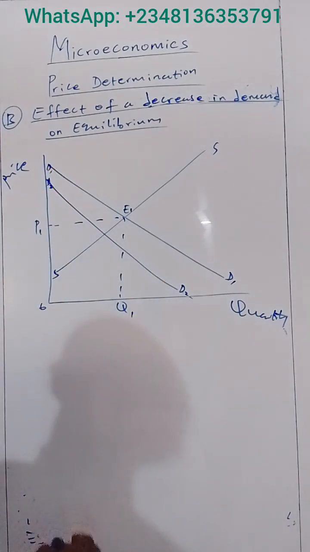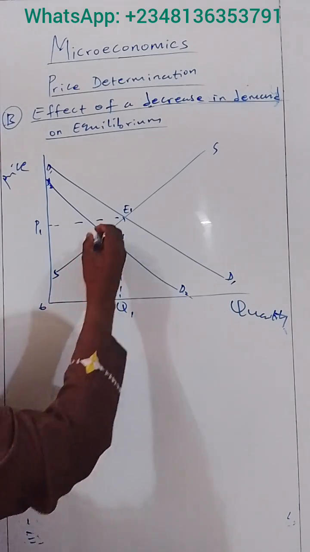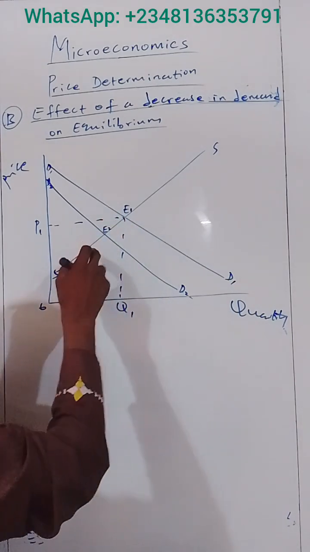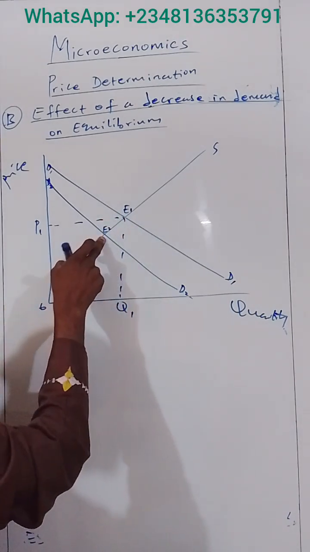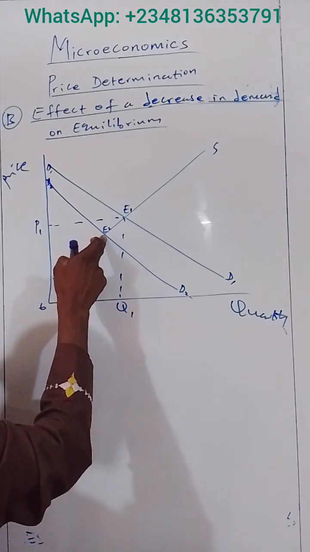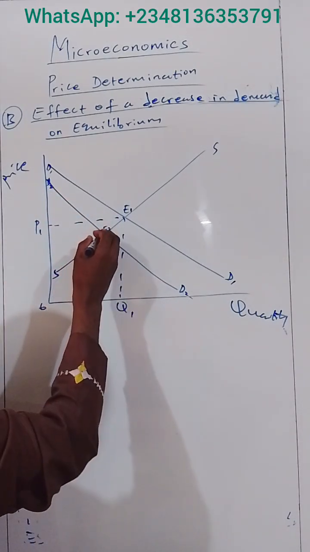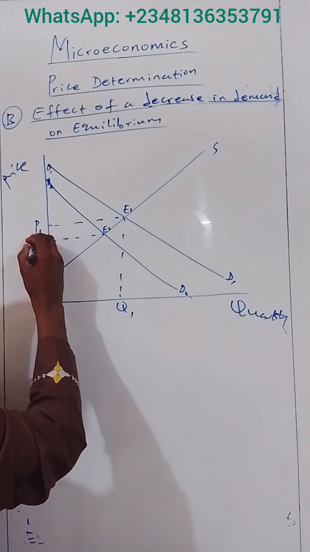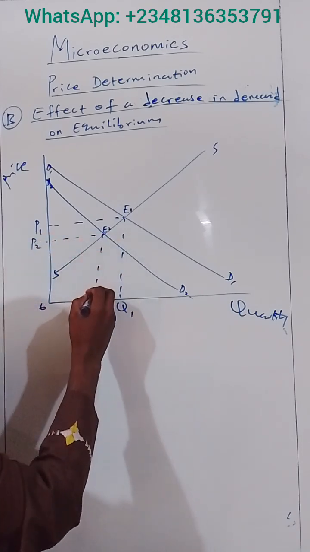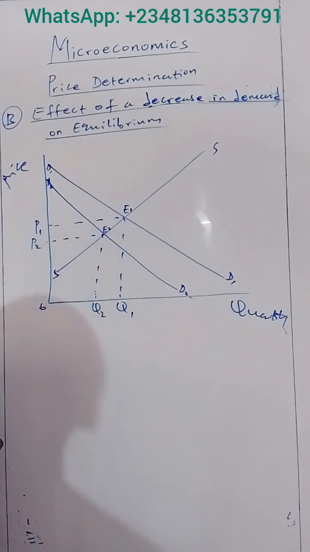You can see that as a result of the decrease in demand, we now have a new equilibrium here, because we have a point where the supply curve now intersects the new demand curve. So in other words, we can call this P2 and this Q2.